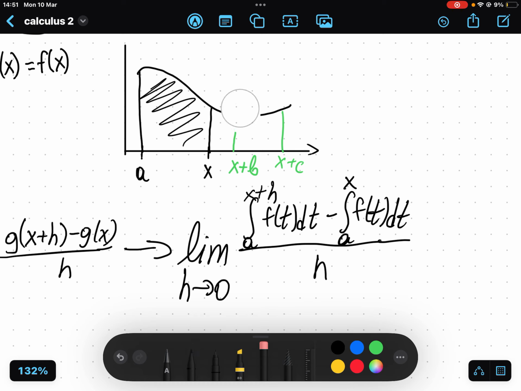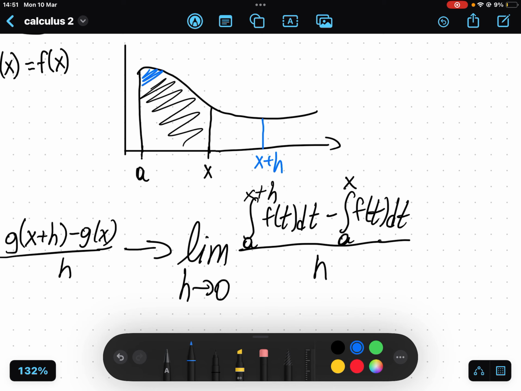Let me delete this x plus p and c and draw with the h. So let's say this is our x plus h. This part, let me draw with yellow, is our actual integral from a to x, right? So we have to subtract this whole part from this, so we will get this red part only.